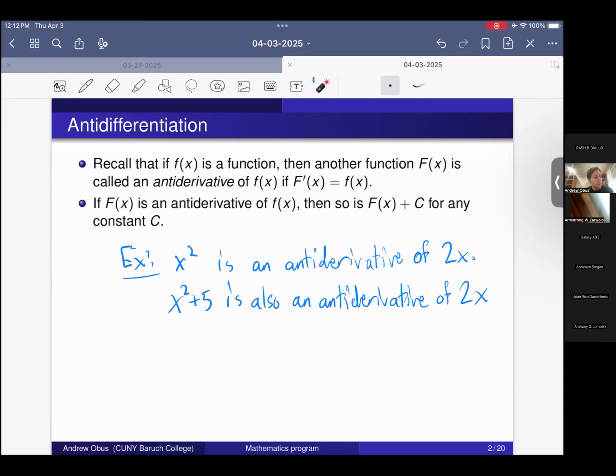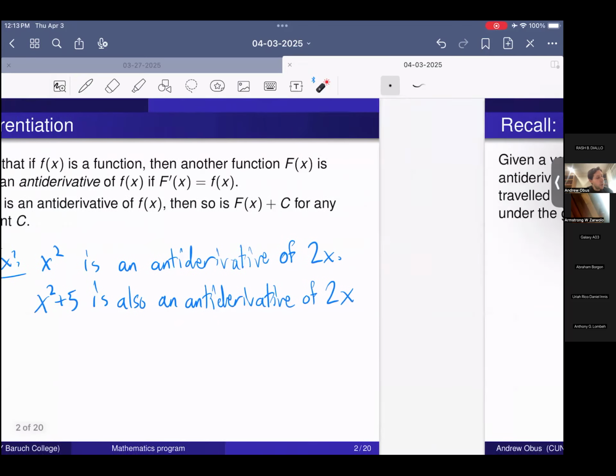Right? So you can always add a constant, and that gives you all of these antiderivatives. And so we saw some applications of antiderivatives yesterday, which we'll go over a little bit in the homework questions today. The applications had to do with physics and also with areas. So let's review what they were.